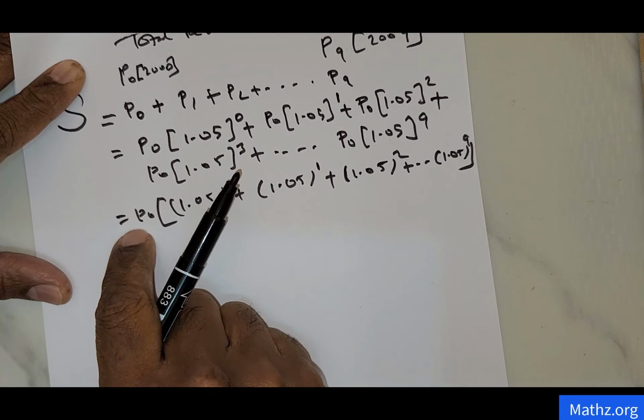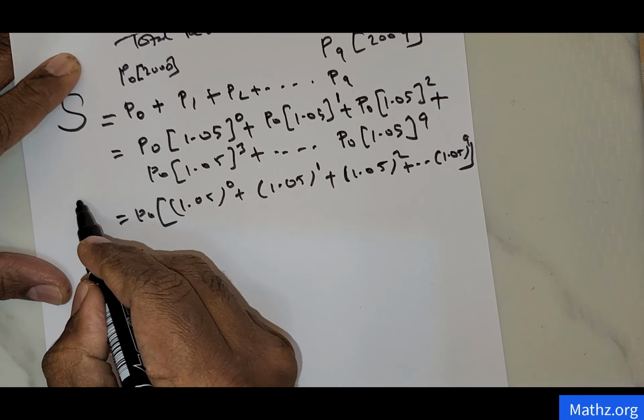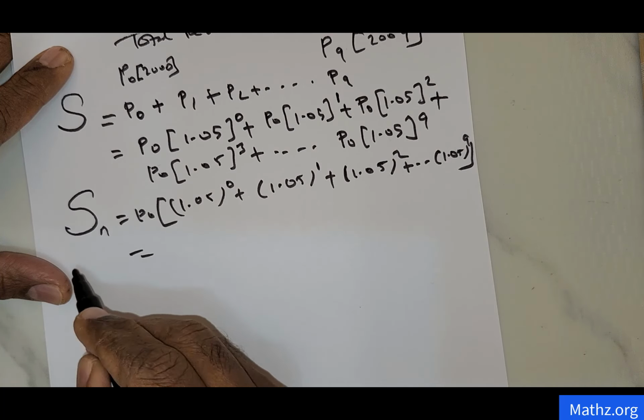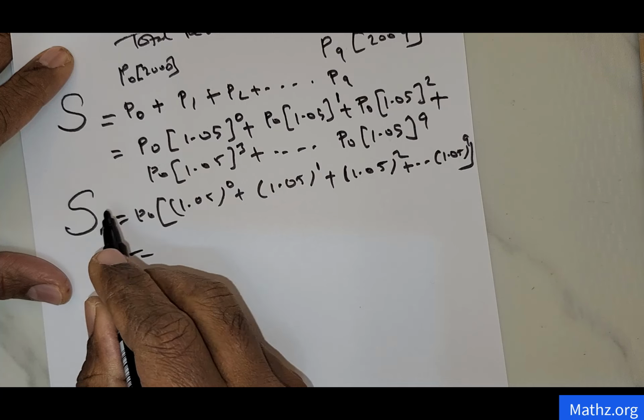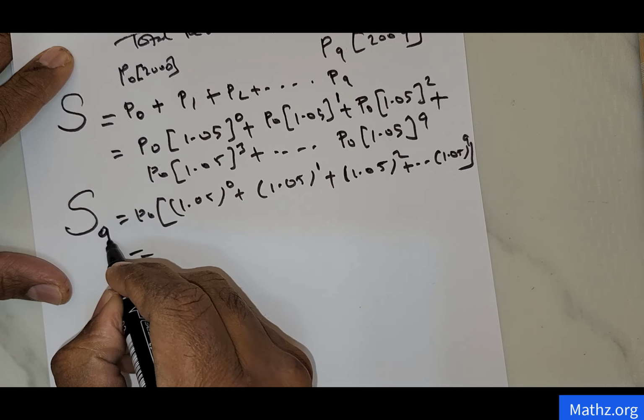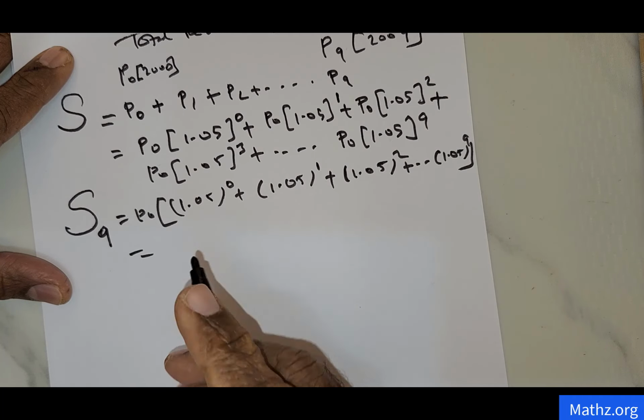Now we know this P0 value, so I'm going to rewrite this. Let me take this as the total sum, Sn, and in fact n is equal to 9, so let me place n is equal to 9 there.